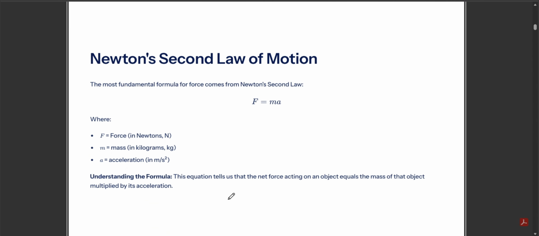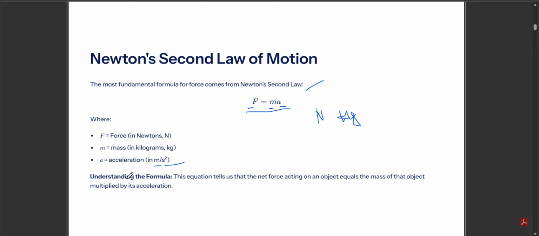And here is Newton's second law of motion. The most fundamental formula for force comes from Newton's second law, which is F equals ma, where F is force, m is mass, and a is acceleration. The unit of force is the Newton, N, the unit of m is kg, and the unit of acceleration is meter per second squared.